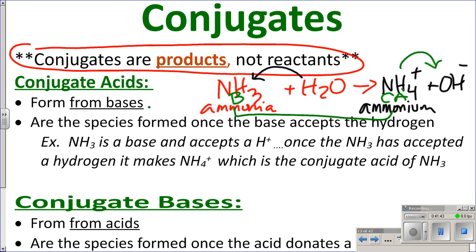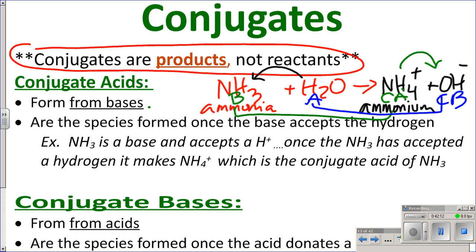But once you figure out who's the base, it's easy to figure out who the conjugate acid is of itself. So if that's the base, this has to be the acid, just the general acid, right? So that base and acid react. This acid, guess what it makes? A conjugate base. Thank you. This acid donated, and as it kind of transformed, it turned to hydroxide, and it's now considered the conjugate base. So they're always in pairs.